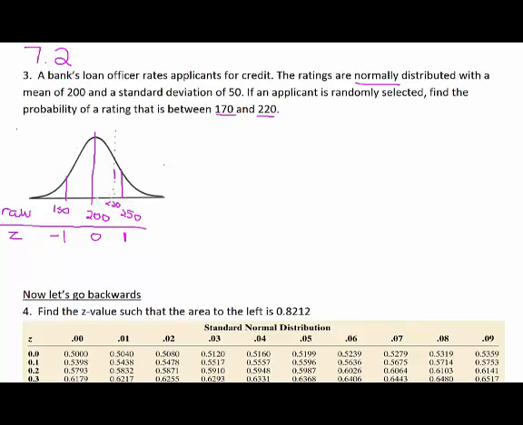And then my other one is going to be right over here at 170. And so they're going to be within the first standard deviation. So I already know something about my z-scores. My z-scores are going to be less than 1 and greater than -1. They're going to be in between -1 and +1 because our boundaries are.